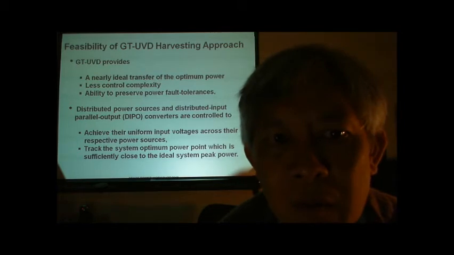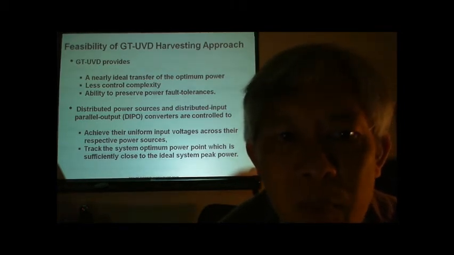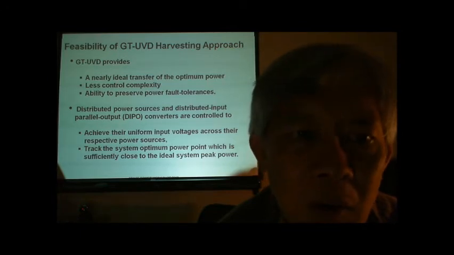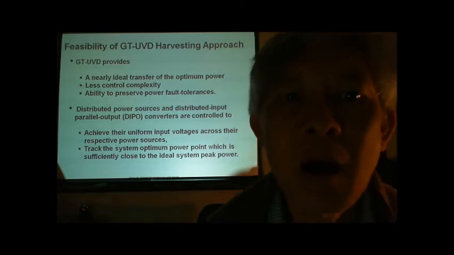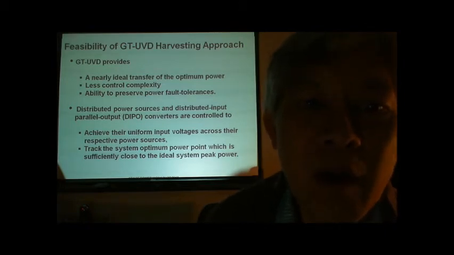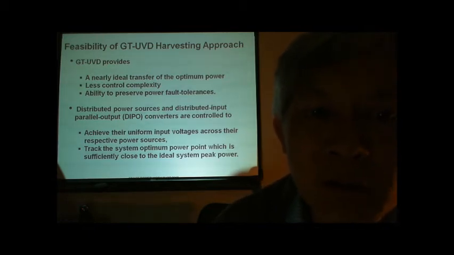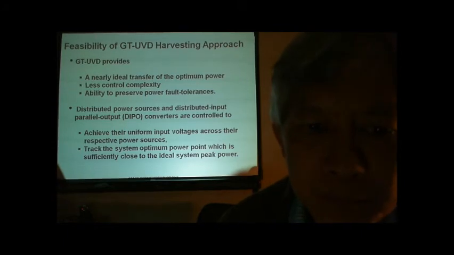Distributed power source and distributed input parallel output converters, or DIPOL converters, are controlled to achieve their input voltages across their respective power sources and track the system optimum power point, which is sufficiently close to the ideal system peak power.